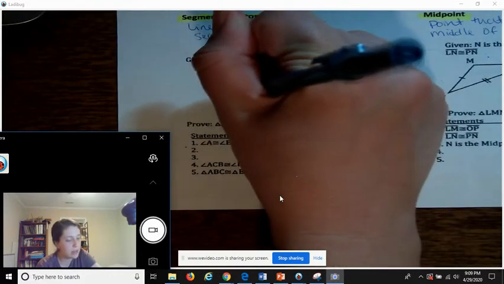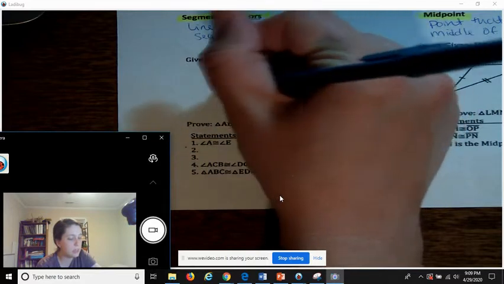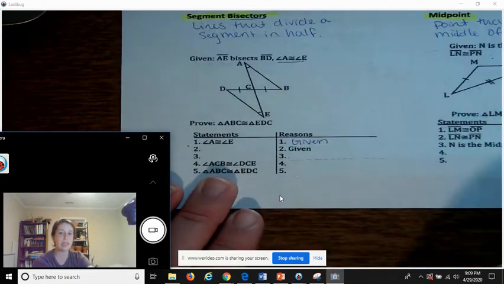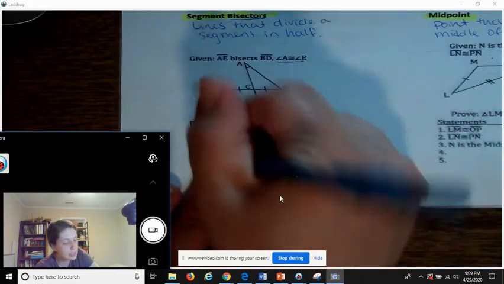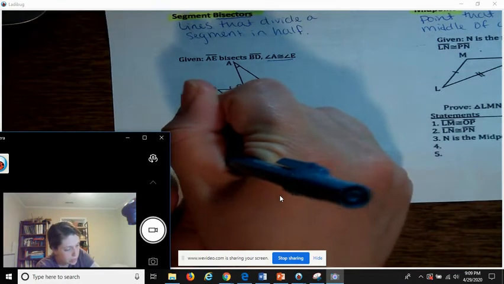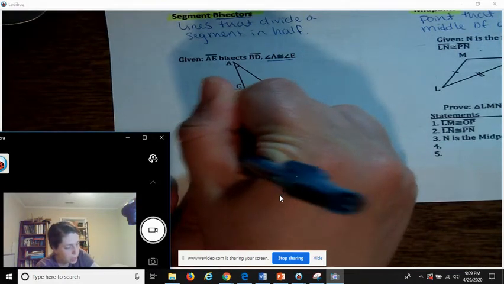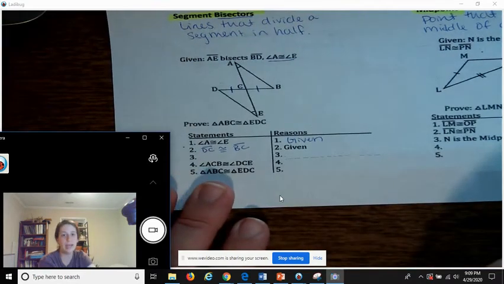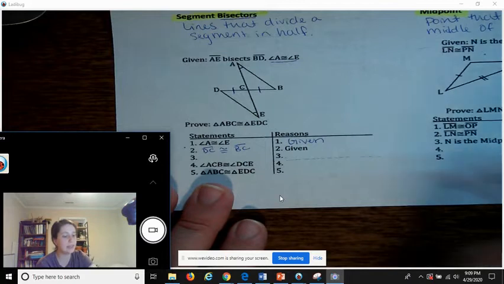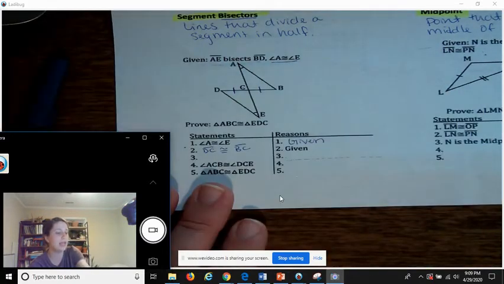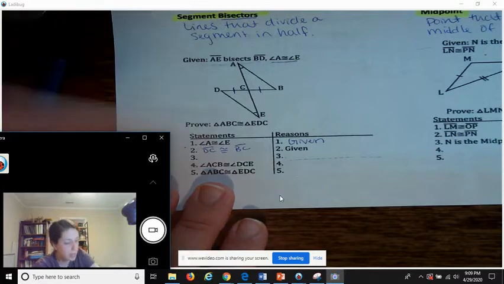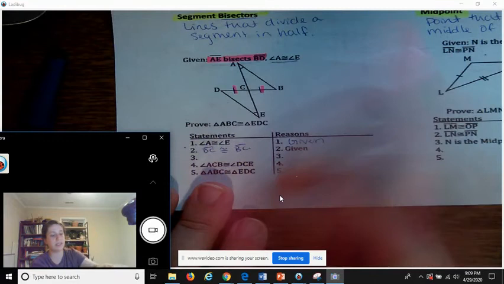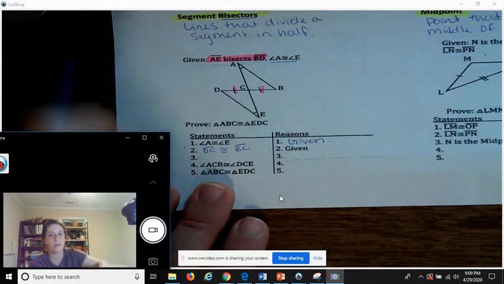This tells me that DC should be congruent to BC. Okay, so those two sections are equal. So I'm going to say that right here. So DC is congruent to BC. Okay, and that's another piece of given information that's given by AE bisects BD. So this piece of information right here gives us that this section is congruent to that section.